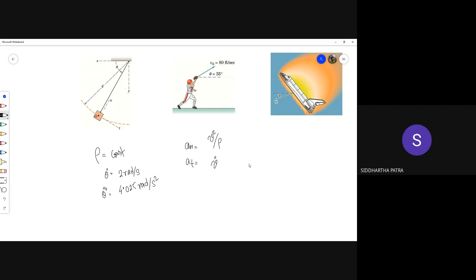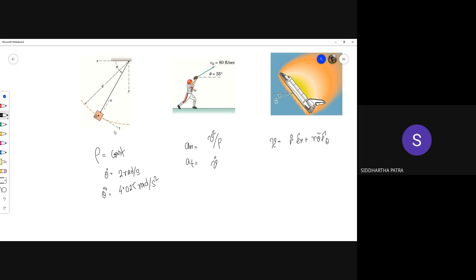Now just by looking at this diagram, if you want to use the r theta coordinate system, that is also fine. The velocity vector is r dot er plus r theta dot e theta, where e theta essentially coincides with et.